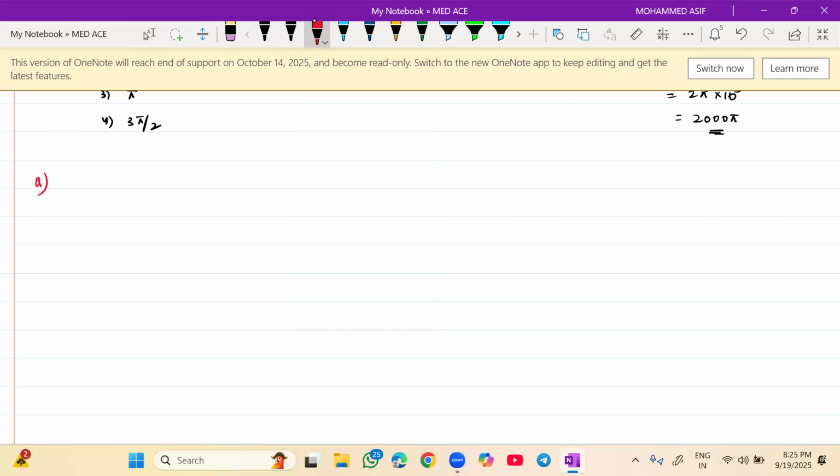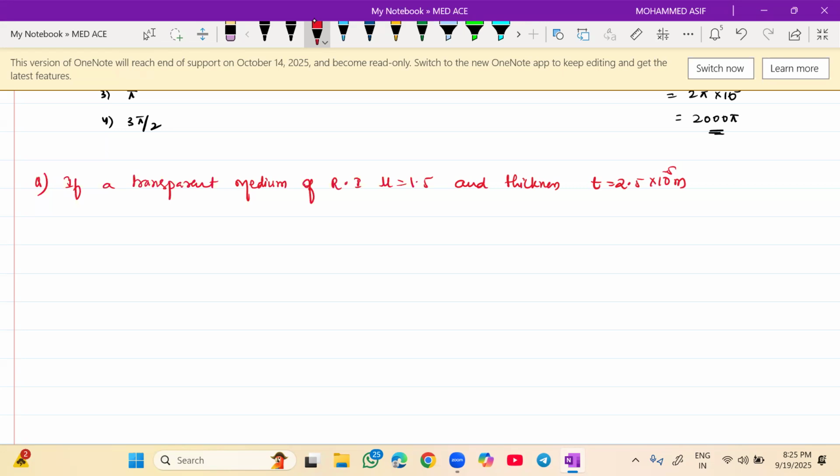Suppose we have a transparent medium of refractive index mu equal to 1.5 and thickness T equal to 2.5 into 10 power minus 5 meter. Calculations are important.